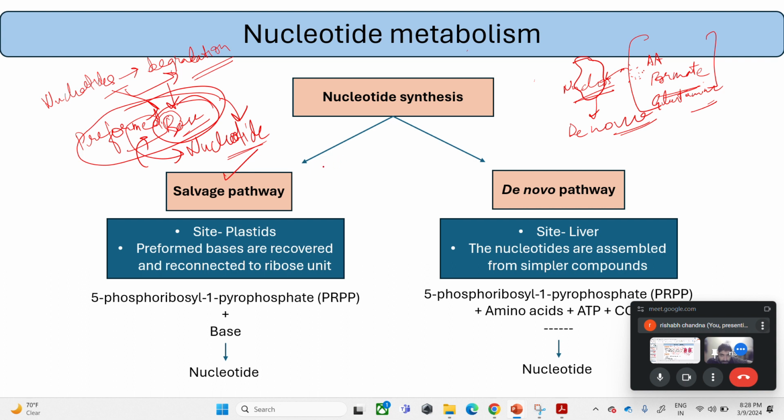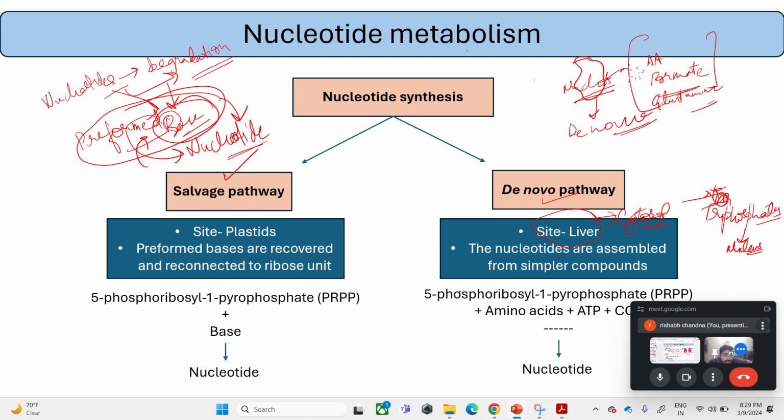The site of the de novo pathway is the liver, specifically the cytosol. It forms the triphosphates and sends them to the nucleus for their function.